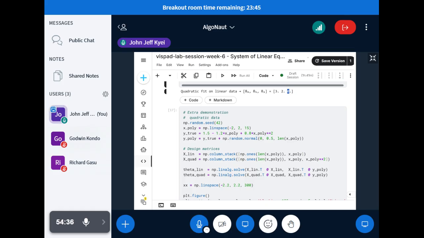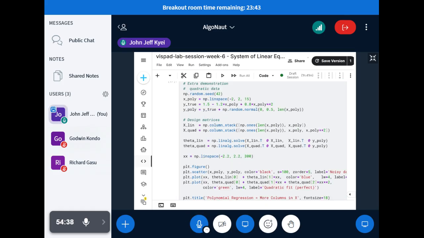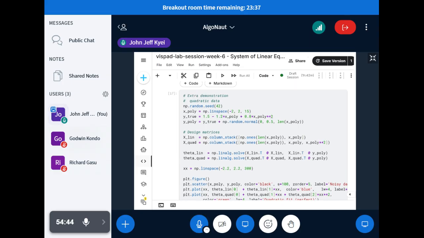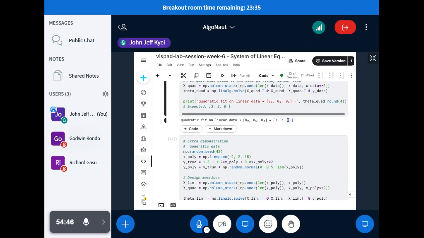Extra parameters will not necessarily harm the fit if the data is perfect. If the data had lots of noise, the theta 2 coefficient might slightly become non-zero, and that will open the door to overfitting and stuff like that.